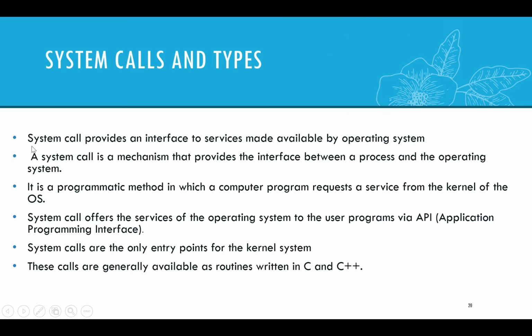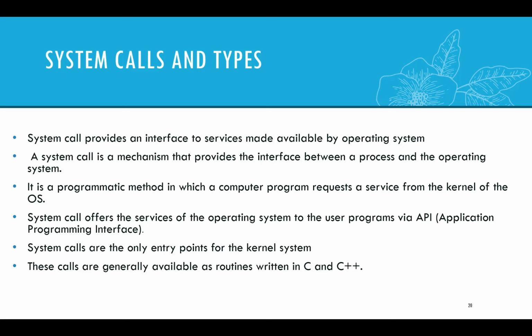As we said before, system calls provide an interface to the services made available by the operating system. A system call is a mechanism that provides an interface between the process and the operating system. It is a programmatic method in which a computer program requests services from the kernel of the operating system. System calls offer the operating system's services to the user program via an API, that is, an application programming interface.